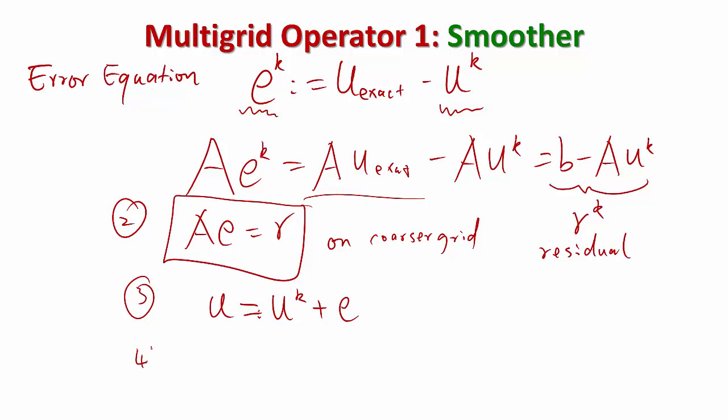And there is usually a fourth step that is post-smoothing. That is basically applying the same smoothing operator again to make sure we get a solution that is smooth again. Alright, so that completes multigrid. So we already have step 1, the smoother, let's do step 2 now.